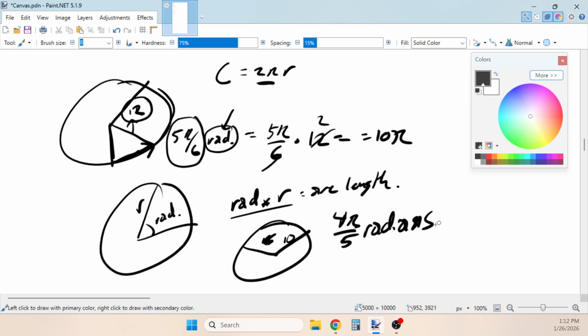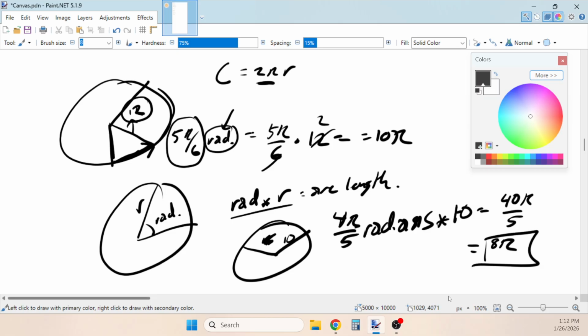Well, it's 4 pi over 5 times 10. And in whatever units you're measuring, in inches, feet, meters, whatever. Okay, keep going.